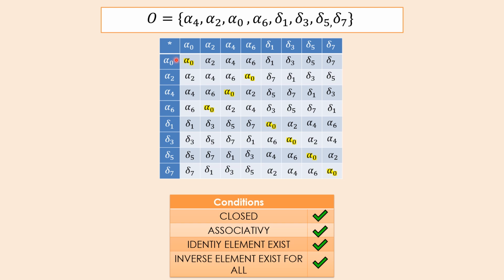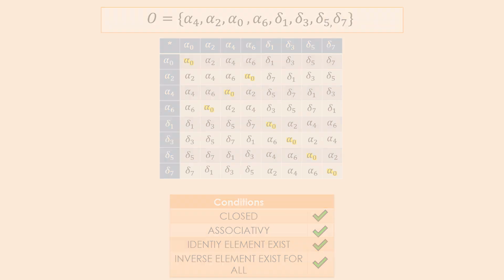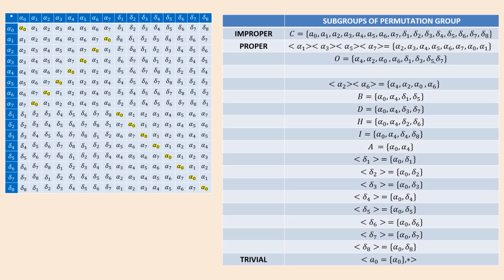The inverse of alpha sub 0 is alpha sub 0, the inverse of alpha sub 2 is alpha sub 6, the inverse of alpha sub 4 is alpha sub 4, the inverse of alpha sub 6 is alpha sub 2, the inverse of delta sub 1 is delta sub 1, the inverse of delta sub 3 is delta sub 3, the inverse of delta sub 5 is delta sub 5, and the inverse of delta sub 7 is delta sub 7. Therefore, an inverse element exists for all. So, we have another subgroup, O.